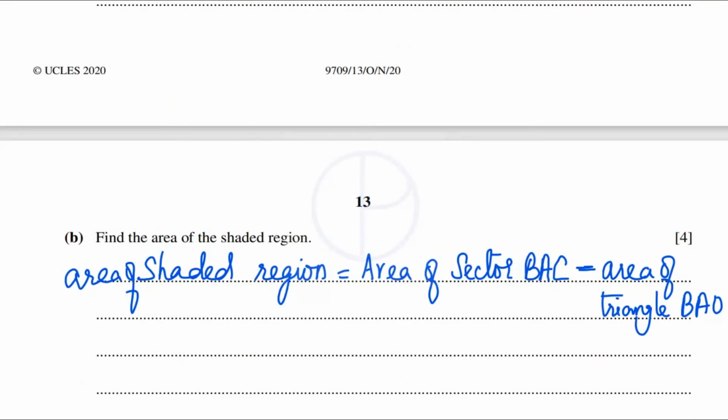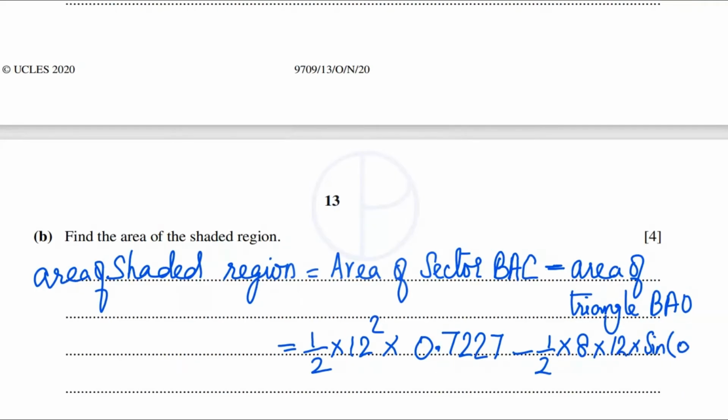So what is the area of the sector? The formula is half r square theta, where the radius is 12. So half times 12 square multiplied by theta, which is 0.7227, minus the area of the triangle, which is half AB sine theta: half times 8 multiplied by 12 multiplied by sine 0.7227.